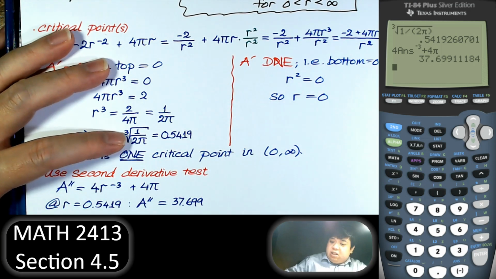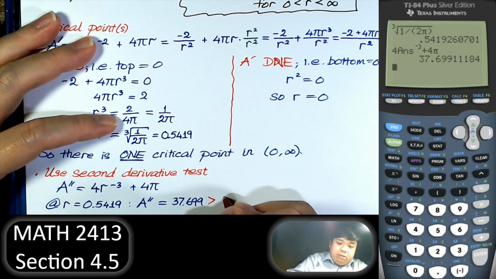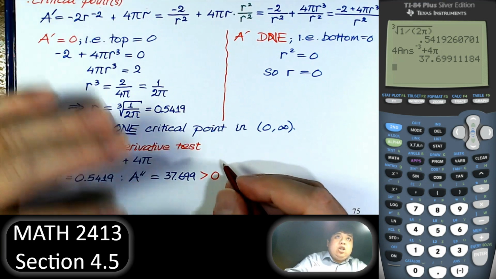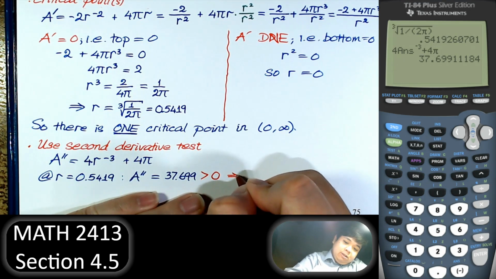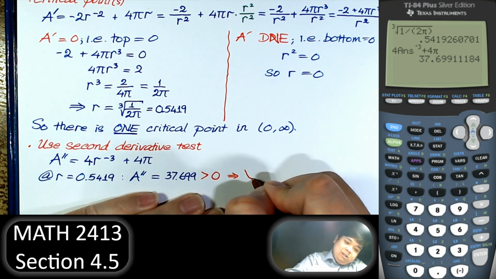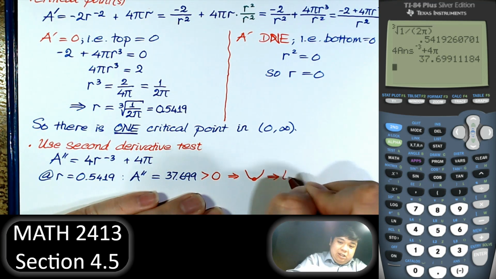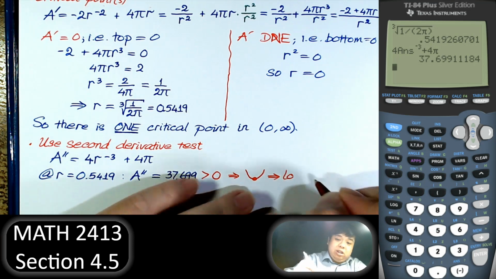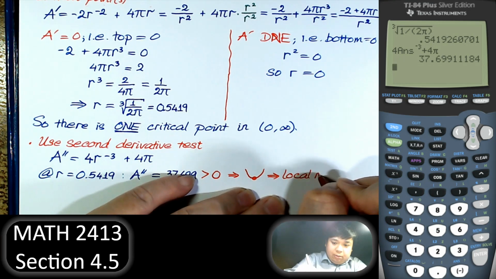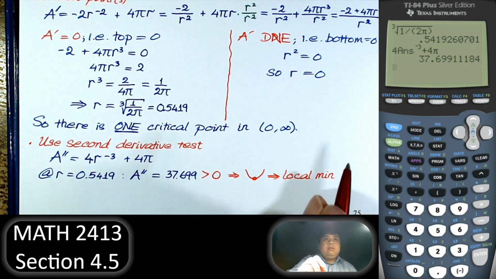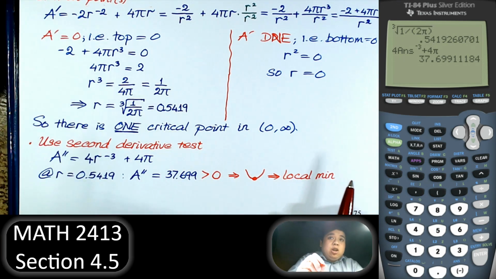What we really need is for this to be positive, meaning that it is concave up. Therefore, it is the local minimum at r equal to this. Now, this is the local minimum.